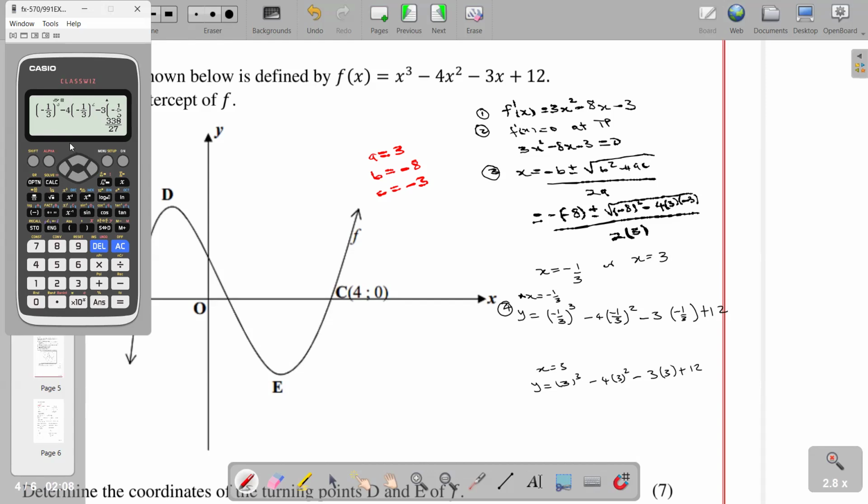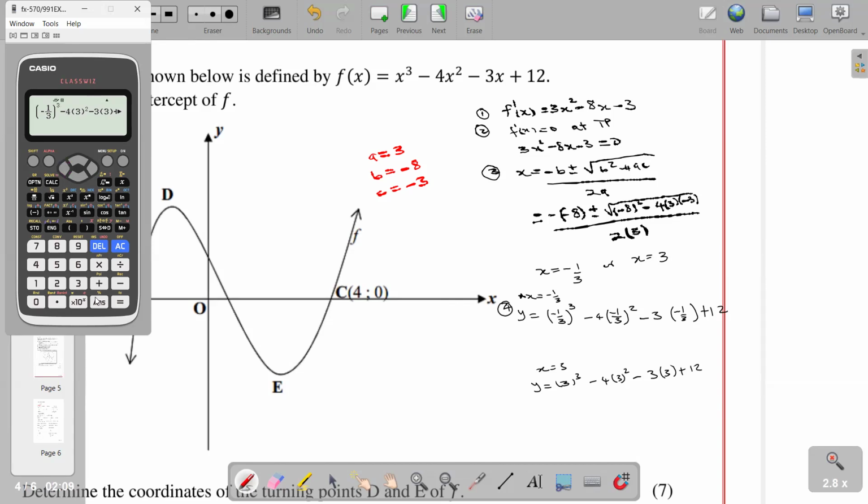Then you also do that with 3. So it means we need to substitute 3. Here, substitute 3. Here, substitute 3.